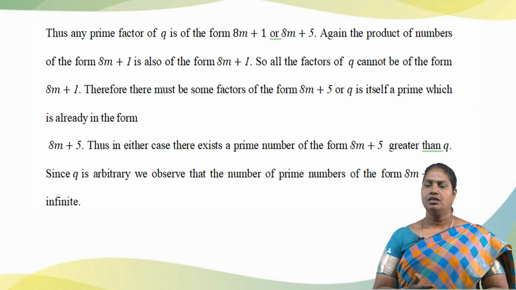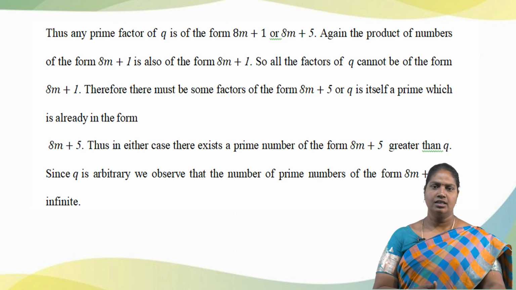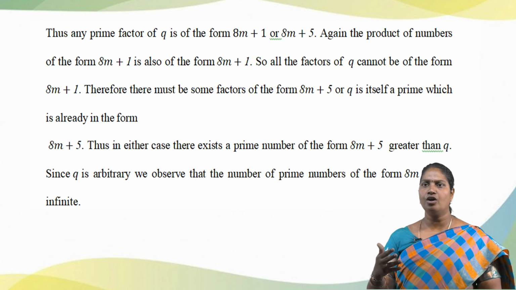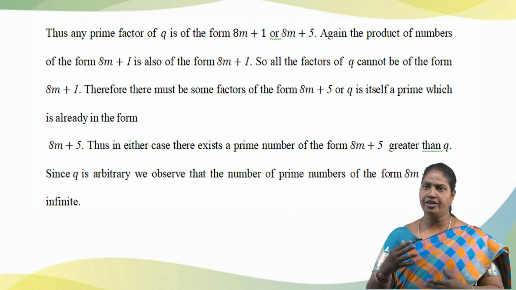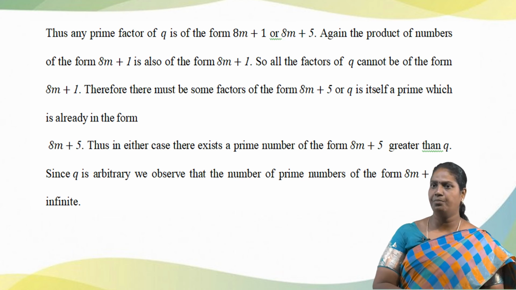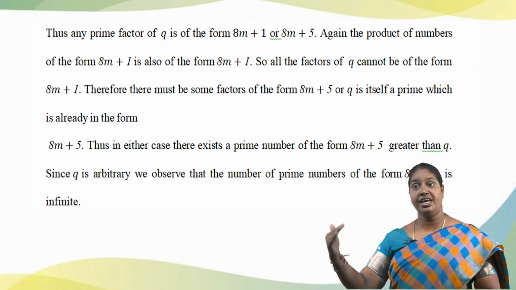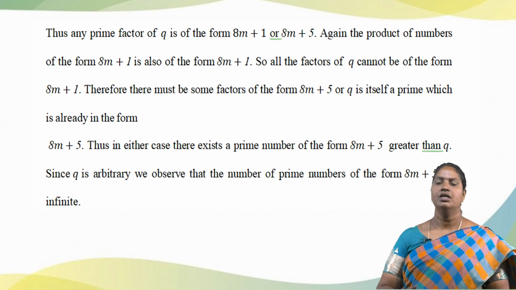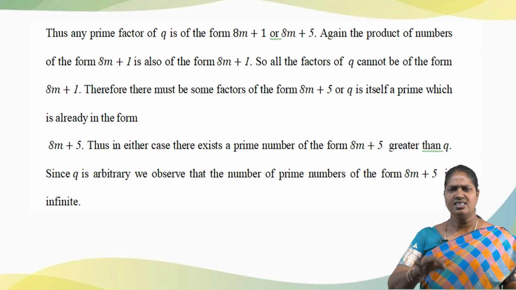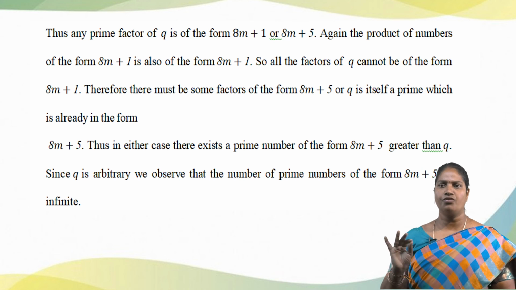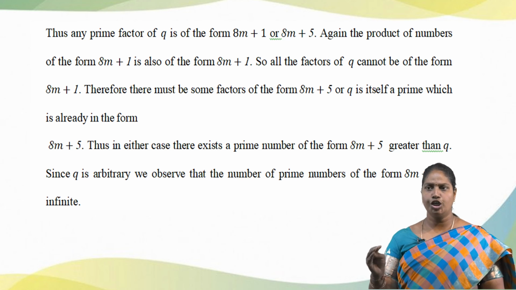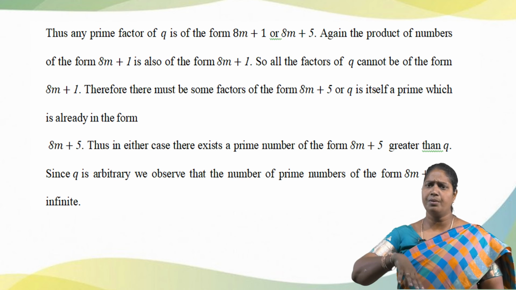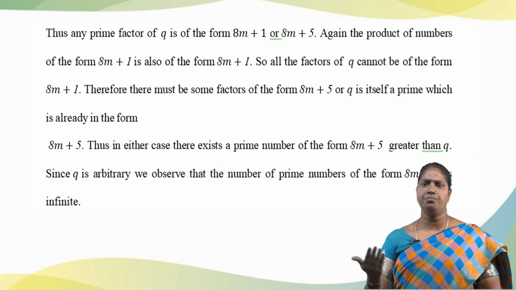And again, we use the same argument: the product of any numbers of the form 8m plus 1 is again of the form 8m plus 1, but q is of the form 8m plus 5. So all the factors of q cannot be of the form 8m plus 1. Therefore, there must be a factor of the form 8m plus 5 for q, or else q itself is a prime, which is already in the form 8m plus 5.